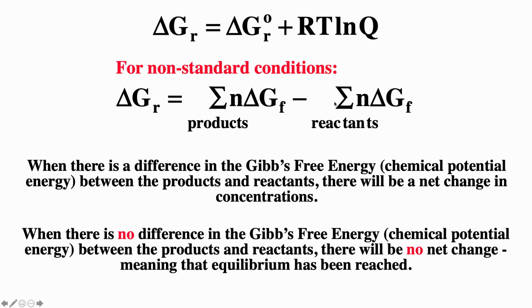If the reactants have higher free energy, then the delta G for the reaction would be negative, and so systems are going to convert reactants into products to get to equilibrium. And so systems reach equilibrium just trying to get to the most stable configuration.